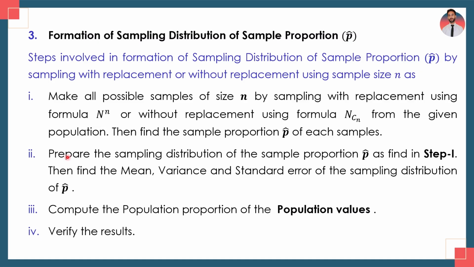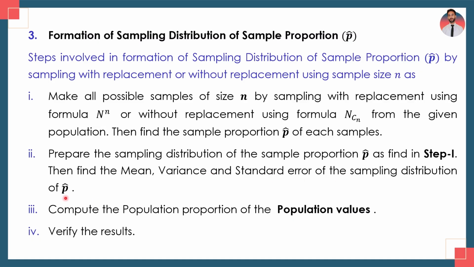In the second step, prepare the sampling distribution of the sample proportions p hat found in step 1. All the sample proportion values from step 1, which is called the statistic denoted by p hat, we will prepare their sampling distribution. Then find the mean, variance and standard error of the sampling distribution of p hat.